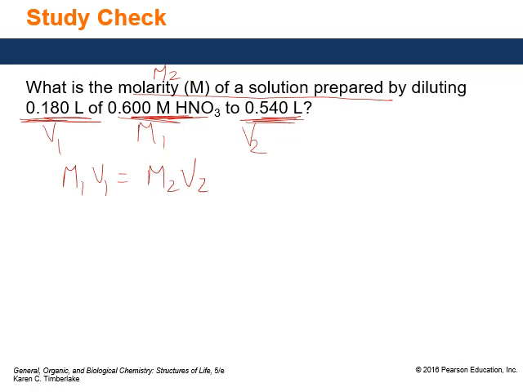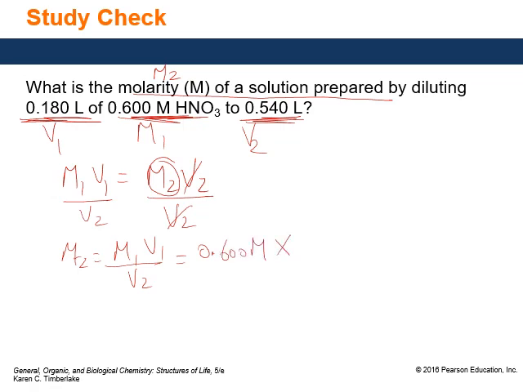I'm only using M here because the question says molarity. You would otherwise simply use C. It really doesn't matter. I'm solving for M2, so I need to get rid of V2. So I divide by V2 on both sides. That would give me M2 is M1 V1 over V2. Plugging in the values here, M1 is 0.600 molar, V1 is right here 0.180 liters, divided by 0.540 liters, which is V2.